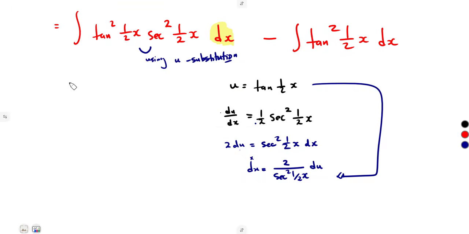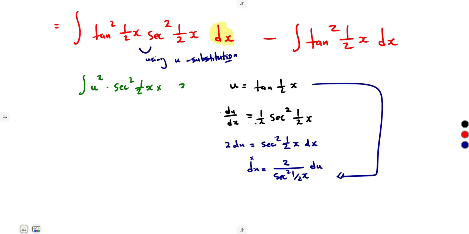So it's going to be the integral of, remember the whole of this tan is represented by u. So here I'm just going to write it aside. It's going to be u squared times the sec as it is. Just doing this step for everyone to properly see, because some of us will be asking, how did we get rid of that dx? So this is our dx, this one.